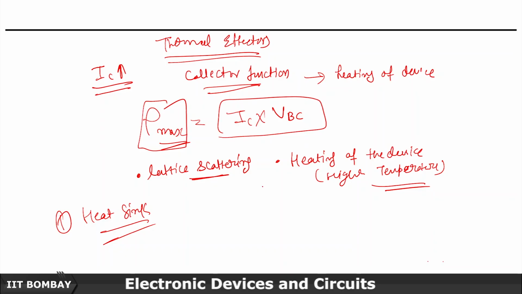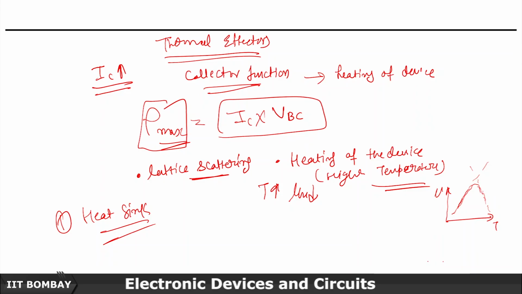Because of this temperature increase, your mobility will go down, right? Mobility will go down. If you remember the curve for temperature versus mobility, it was something like this. In the very beginning of this course we studied that. Okay.